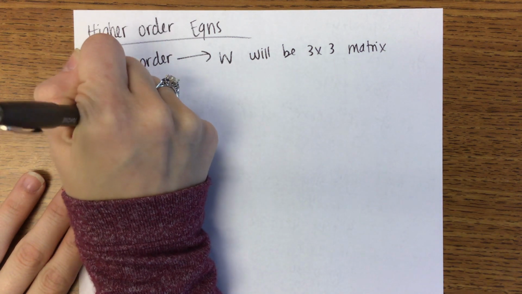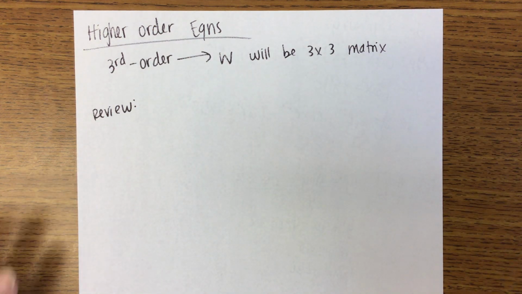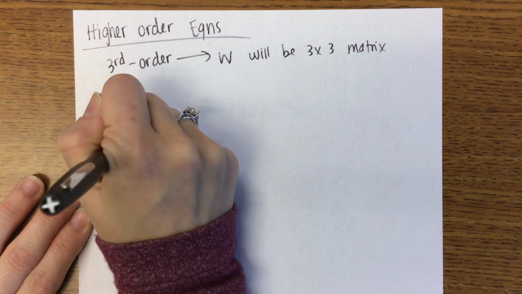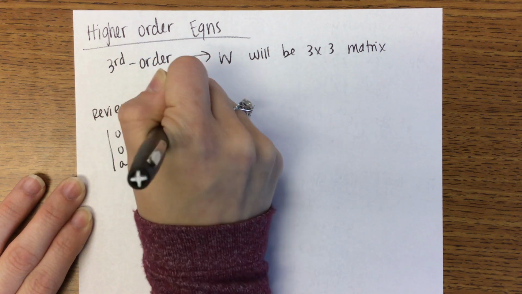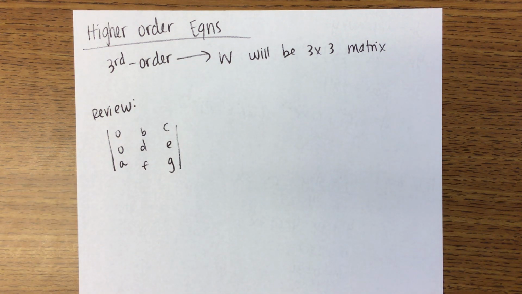I want to do a quick review of calculating the determinant of a 3x3 matrix, at least in a more efficient manner. Let's say that you're looking at a matrix like this. Do you remember talking about how you can choose any row or column to start with?